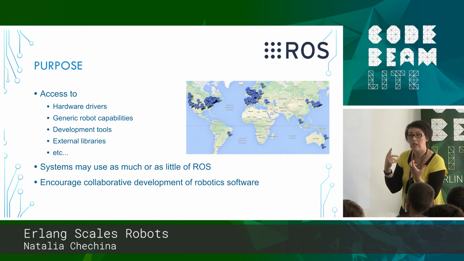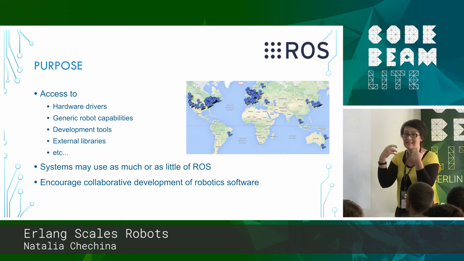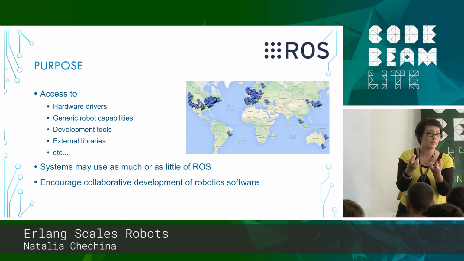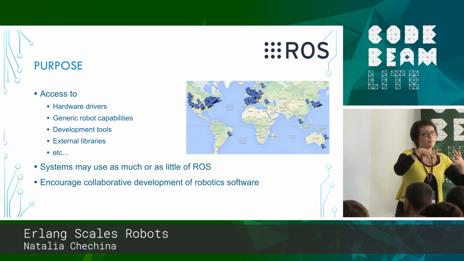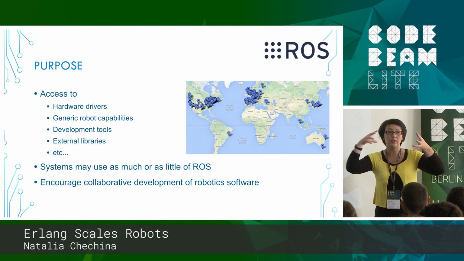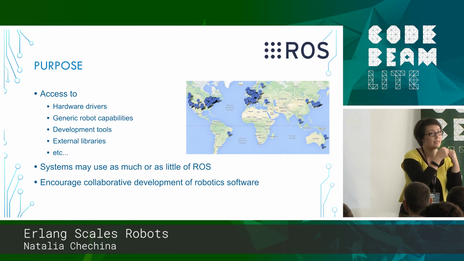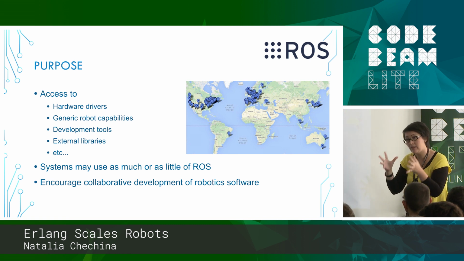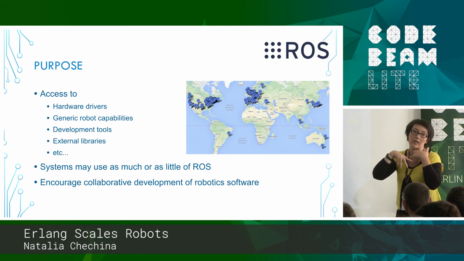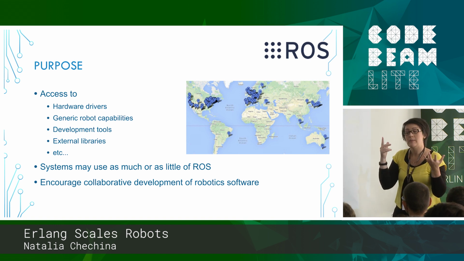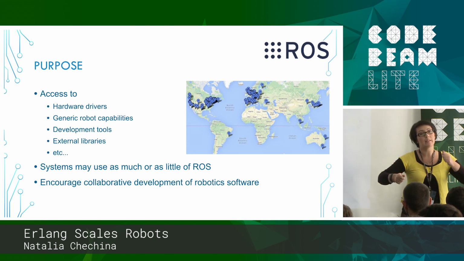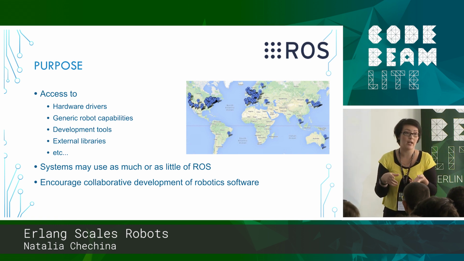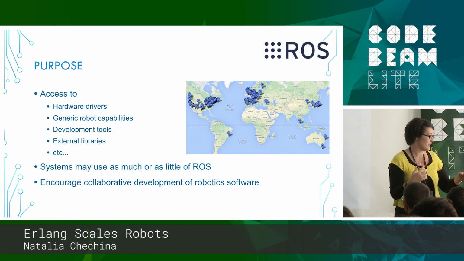One of them is using as much or as little ROS as you like, and this helps a lot. You can put all sorts of functionality, movement, cameras and things like that, and then if you need to do face recognition, for example, you work on that specific library. You do research, lots of experiments, and you get from ROS all this state-of-the-art movement and other drivers, so you don't need to worry about that.